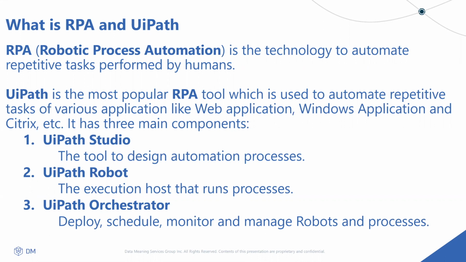Similar to Alteryx Server to run, schedule, and govern workflows, in UiPath we have UiPath Orchestrator, which is also web-based and gives an interface to deploy and schedule the robot and the process. So in this structure, the components are very similar, but they are called different things. And in most cases, you can leverage either Alteryx or UiPath to build your own use case.